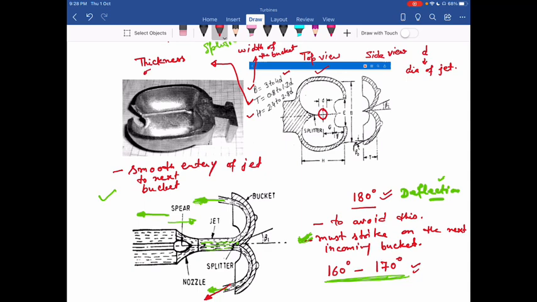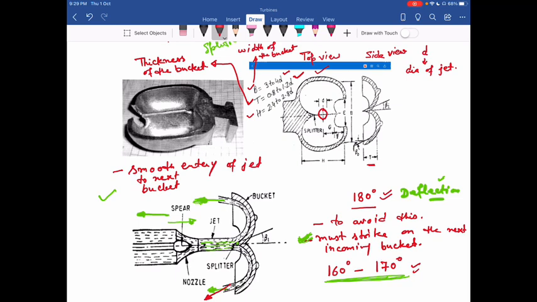This is the thickness of the bucket. This is equal to 0.8 to 1.2 times d. This you can see in the side view. This is 0.8 to 1.2 times the diameter of the jet.